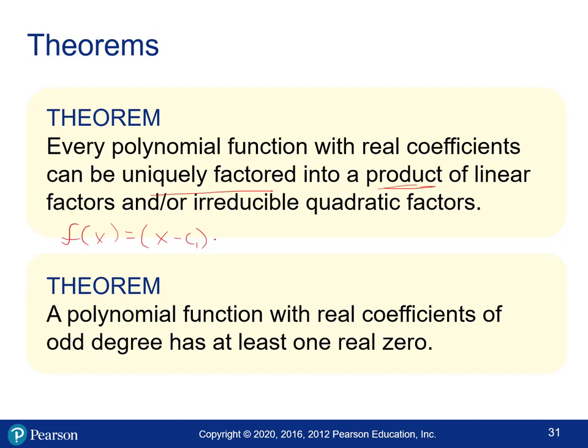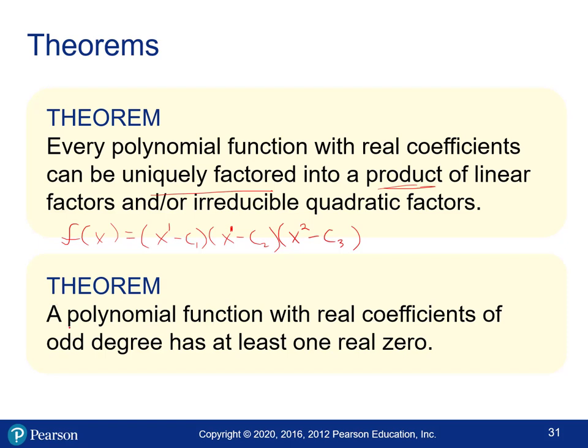These are all linear factors here. Linear meaning that the degree on x is an invisible 1. Or if you can't break that down without having your irrational numbers, you could have a quadratic factor. So something like we had here. We'll call that one an irreducible quadratic, which looks like this one here.